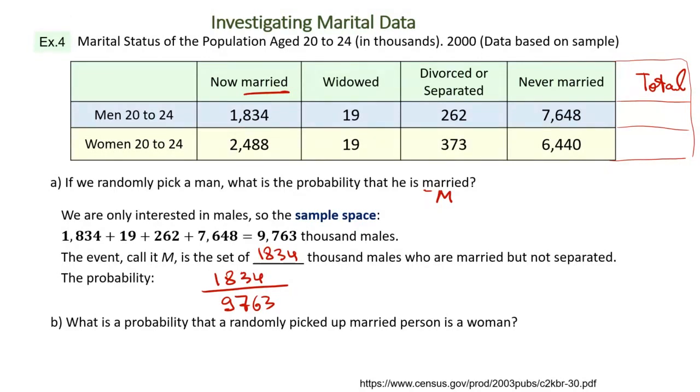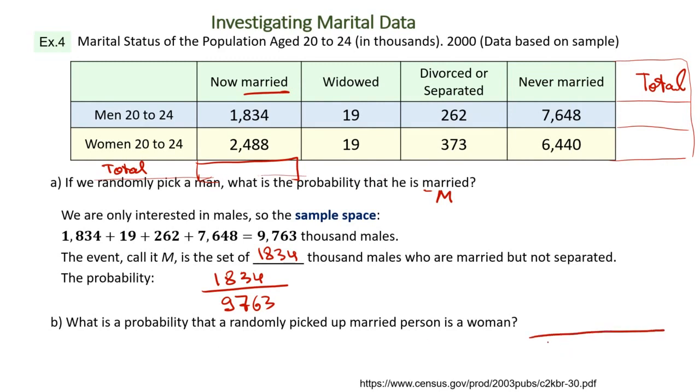What is the probability that a randomly picked married person is a woman? So the sample space is married persons. If you have this line with a total, just take it from this line.